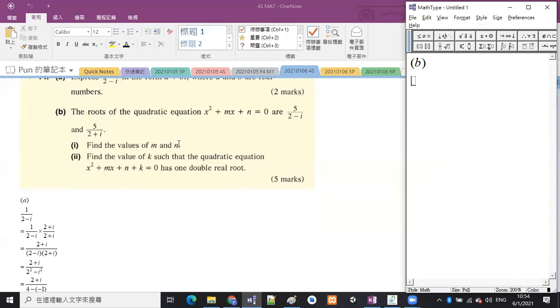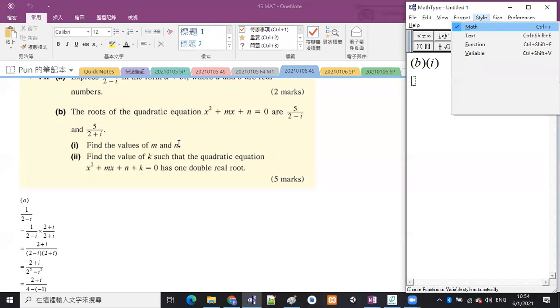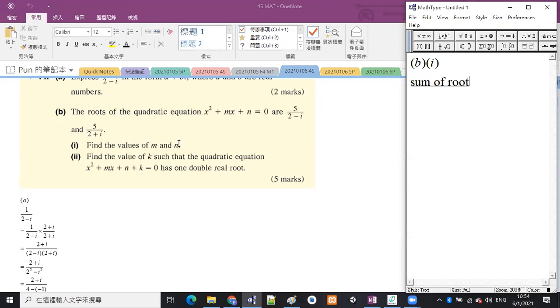We consider the sum of roots, B1, because the roots are 5 over 2 minus i and 5 over 2 plus i. So the sum of roots is equal to 5 over 2 minus i plus 5 over 2 plus i. Can you get this? And then we can add the two things together.